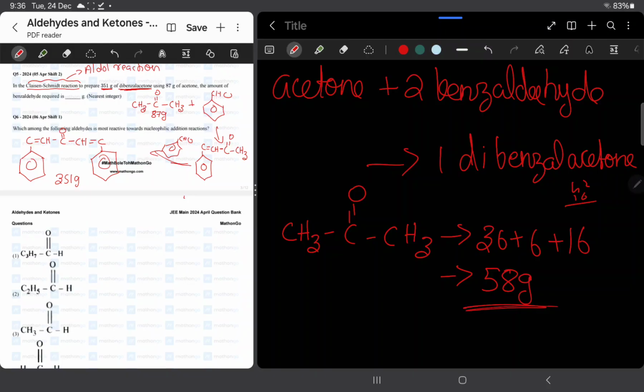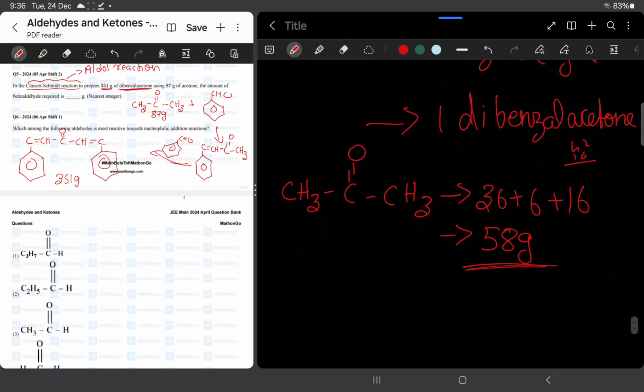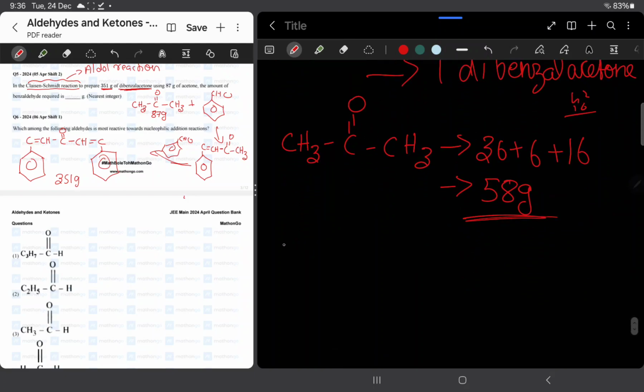Okay, we understood. Now what is the molar mass of dibenzyl acetone? Oh no, first benzaldehyde. What's the molar mass of benzaldehyde? Find it.